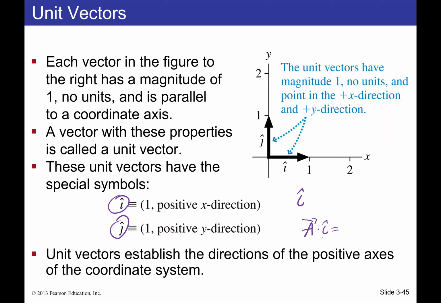If my vector is pointing to the left instead of to the right, I can use negative I hat, because I hat means positive x. By putting a negative, we're just changing the direction of I hat.